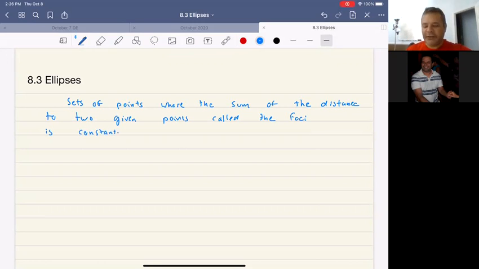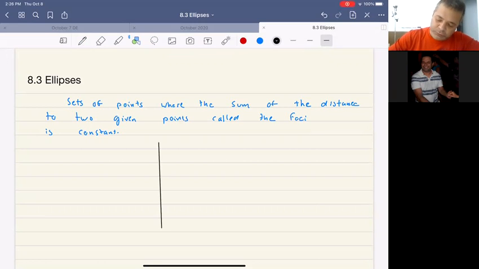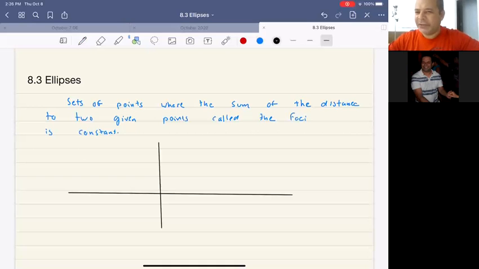Okay, let's sort of give ourselves a little bit of an idea of what's going on there. So let me draw, of course, a picture. Okay, all our ellipses are going to be basically straight. They're not going to be slanted. So they're all going to be oriented either up, down, or sideways.